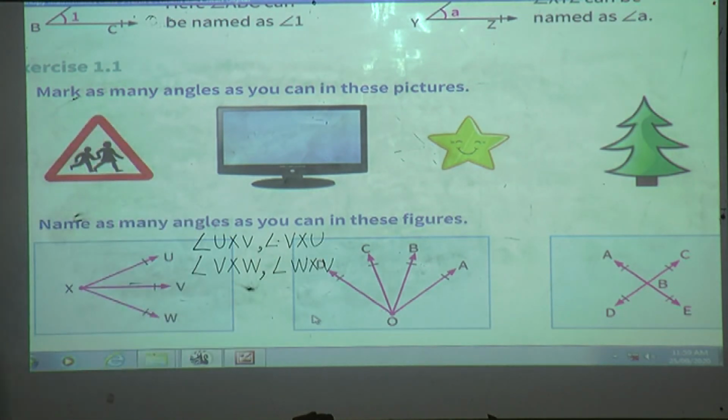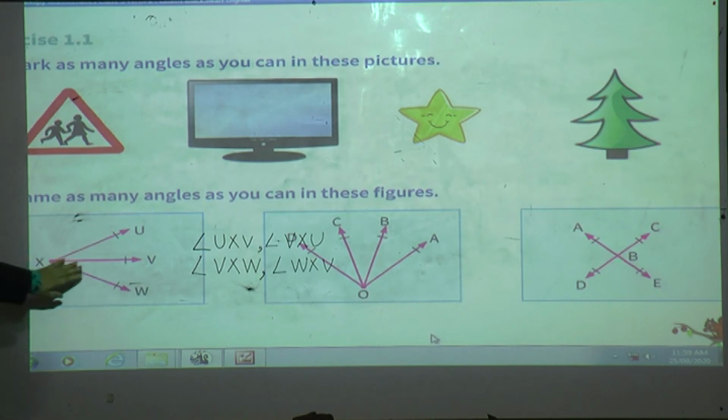Students, here we can write different names: angle UXV and angle VXU also. And the second one, angle WXV, again angle VXW, but the vertex is always in the middle.